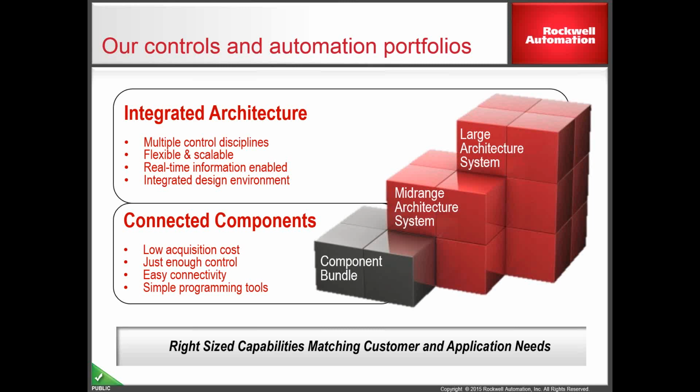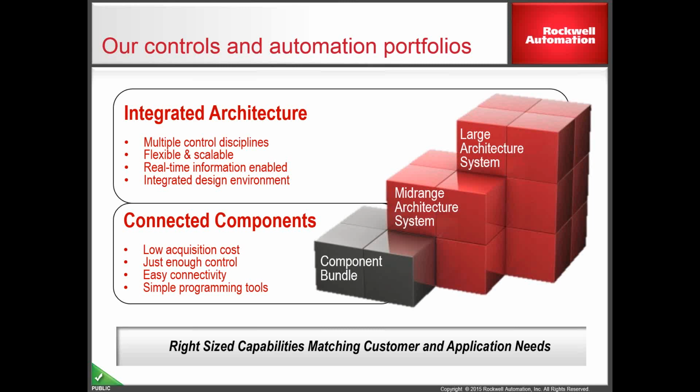So for standalone machines and small machines, we have the Connected Components bundling. And then we have a mid-range architecture, which is for mid-range applications, not very complex applications, but extended machines. And then we have Integrated Architecture, which provides a complete line of multiple control disciplines, flexibility, and scalability.